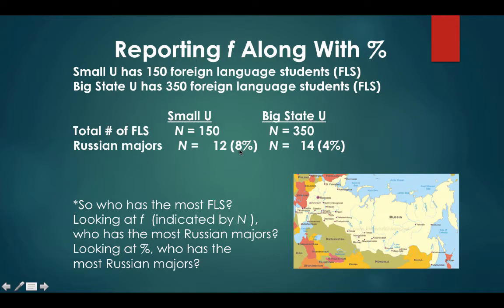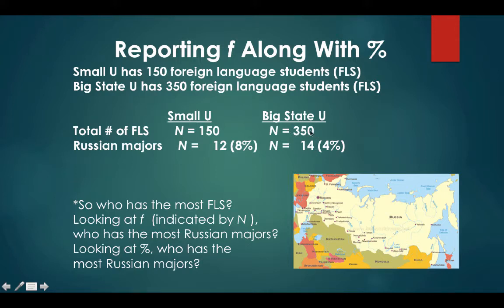But notice here the difference, okay? 8% versus 4%. Just because 14 is higher than 12 does not mean that there's a higher percentage, okay? So looking at this, who has the most foreign language students? The larger university has the most foreign language students, okay?